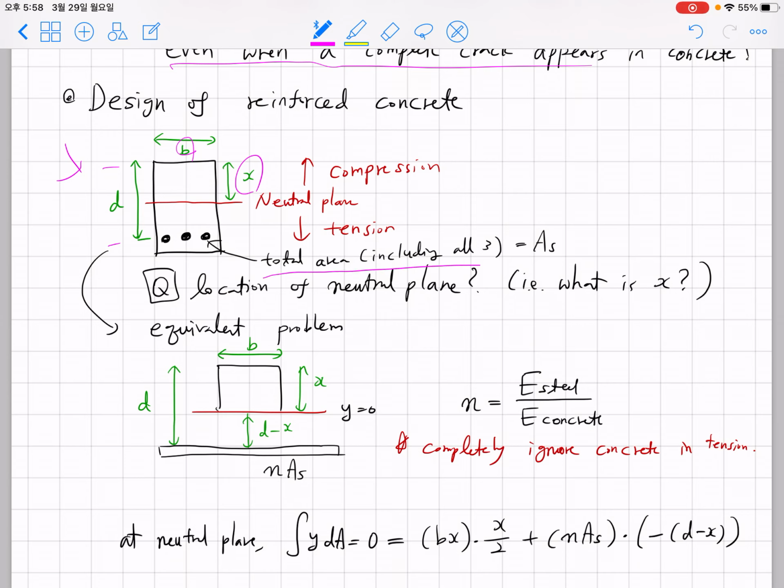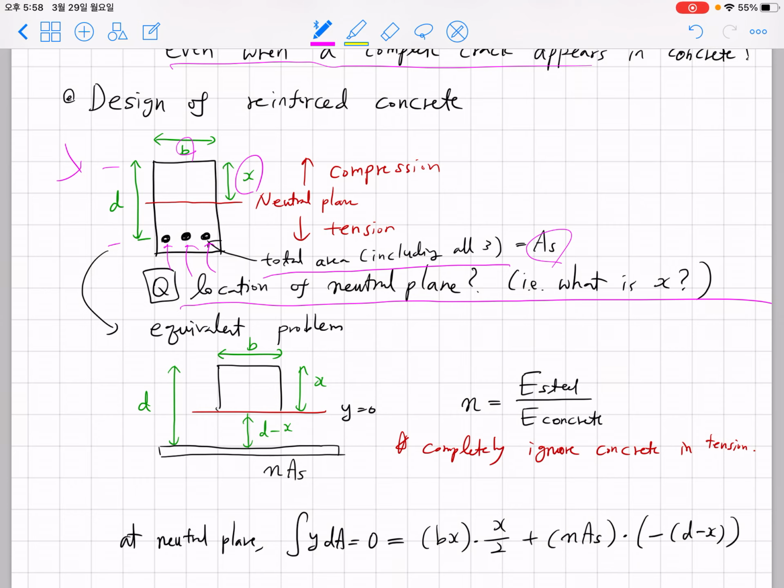We'll consider the total area including all three steel bars as the area of steel, As. So the question we can ask is, where is the location of the neutral plane? Only after obtaining the position of the neutral plane can we think about I and application of the flexure formula.